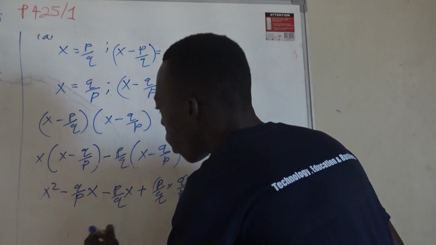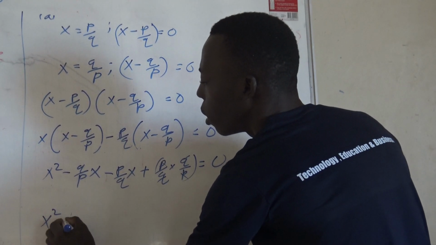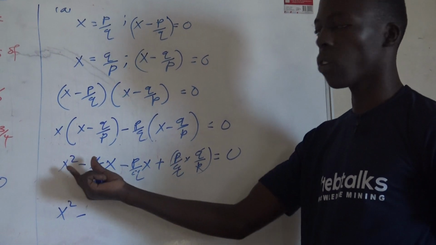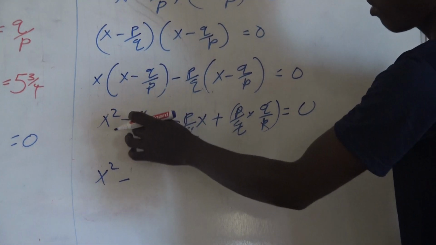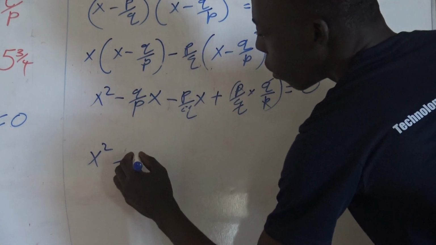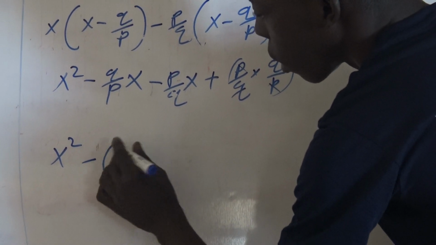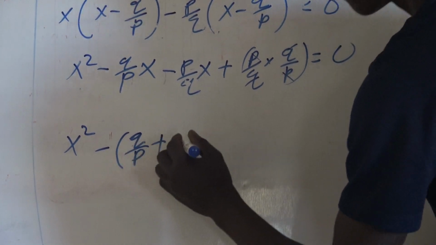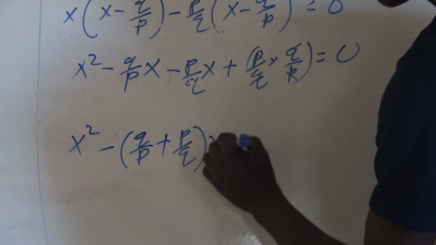So continuing, we shall say it is x squared minus, because it is a minus and a minus, so we shall add the 2. It is minus minus add. So this one plus this is minus into bracket q out of p plus p out of q, x.